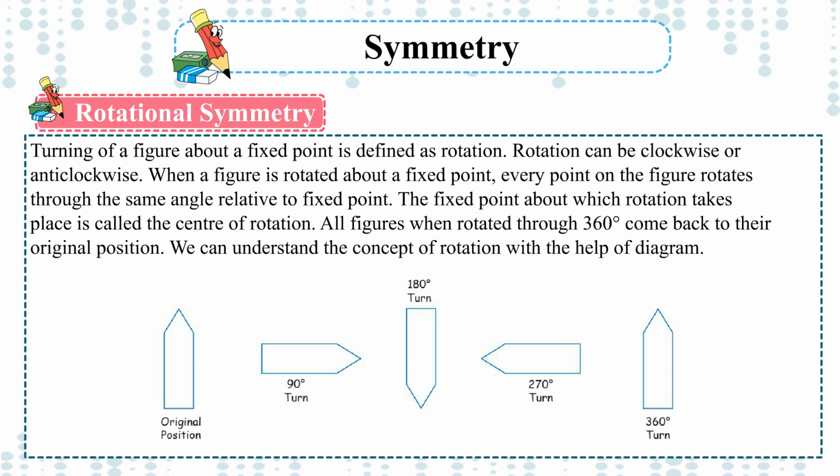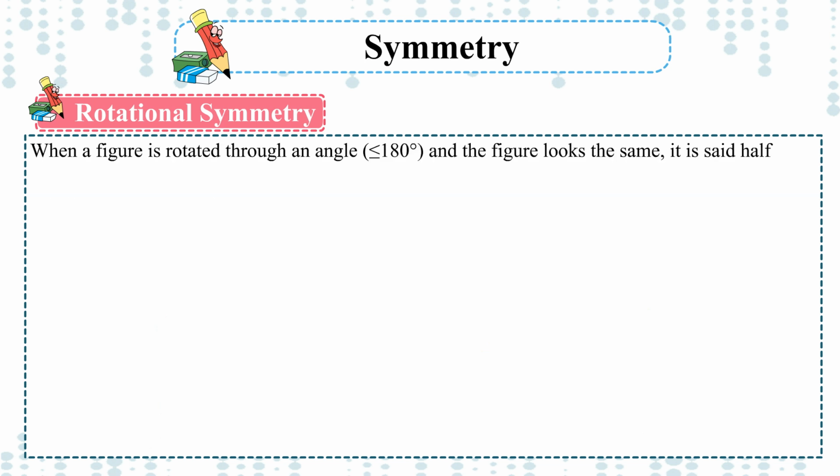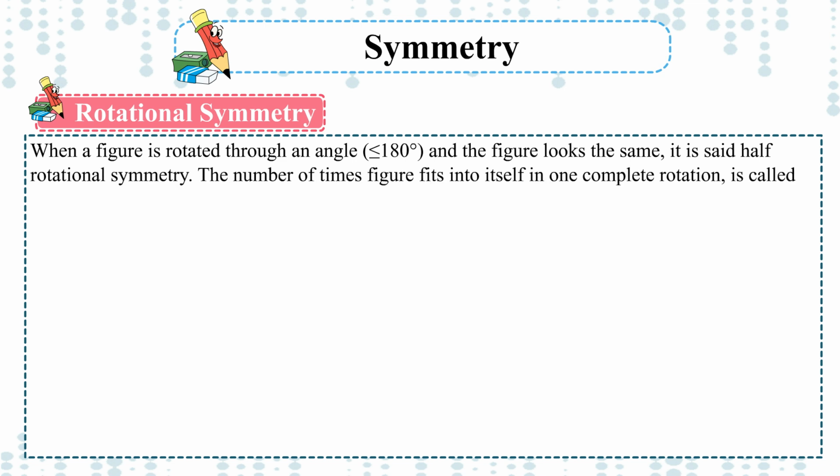We can understand the concept of rotation with the help of a diagram. When a figure is rotated through an angle of 180 degrees and the figure looks the same, it is said to have half rotational symmetry.